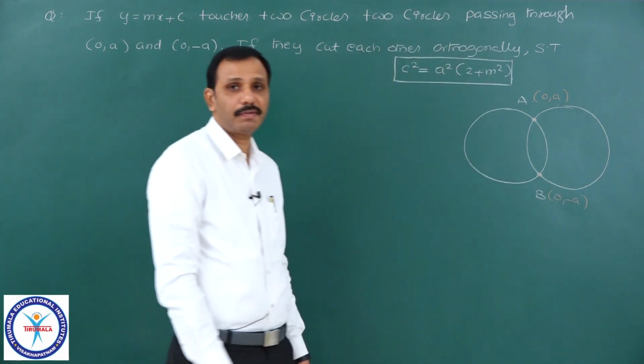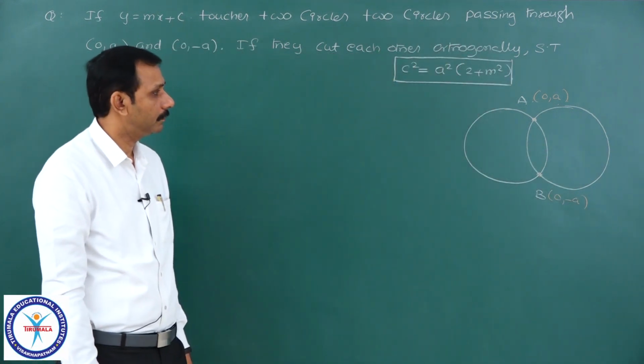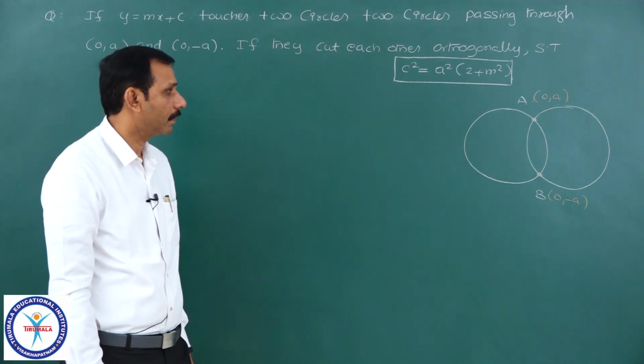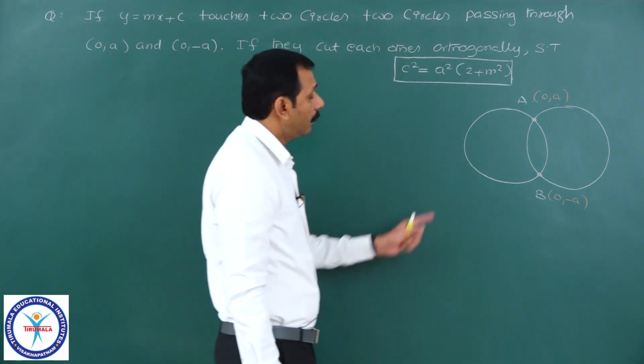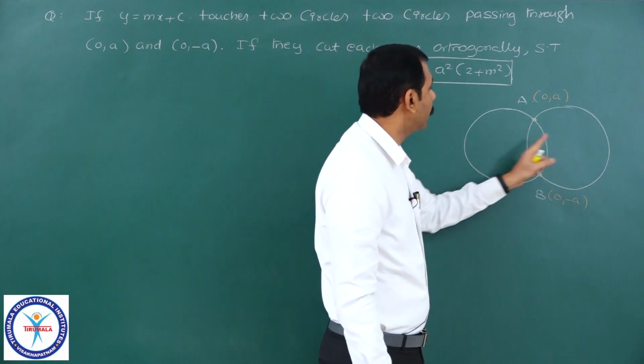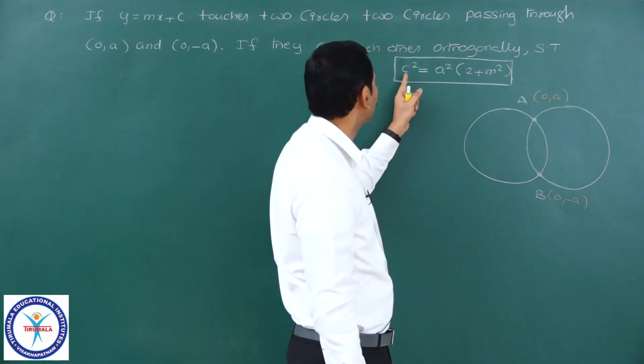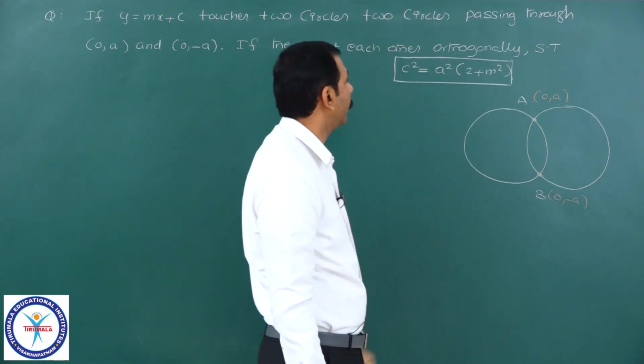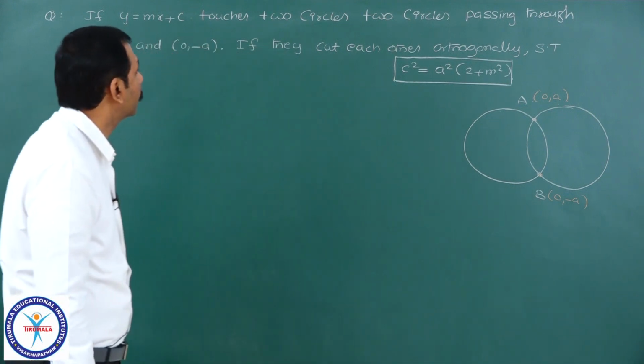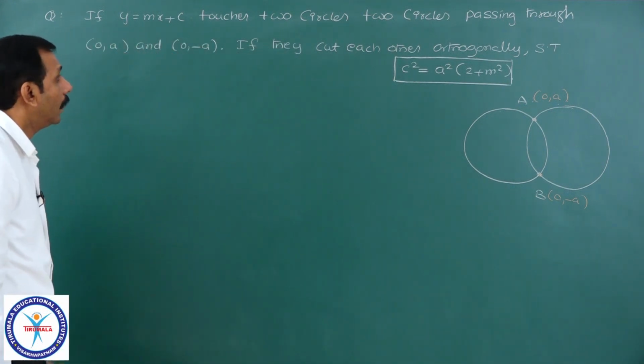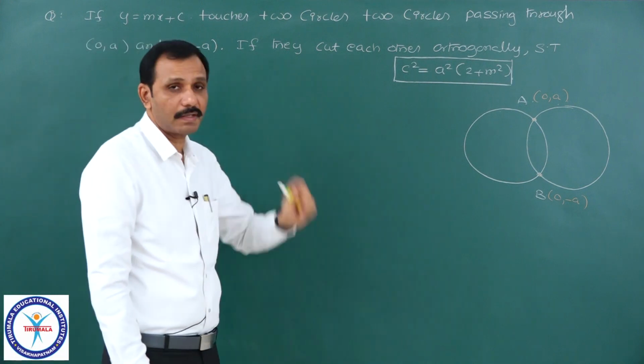That is what they have given. And these two circles intersect orthogonally, so now I have to prove that c² = a²(2 + m²). And it is a tangent to that circle.